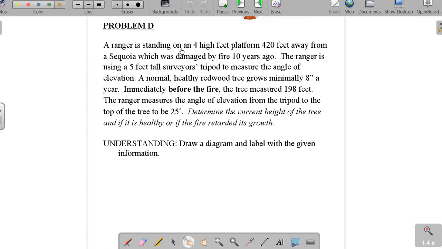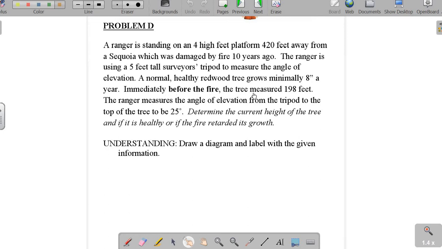A ranger is standing on a foot high platform 420 feet away from a sequoia which was damaged by fire 10 years ago. The ranger is using a 5 feet tall surveyor's tripod to measure the angle of elevation. A normal, healthy redwood tree grows minimally 8 inches a year.